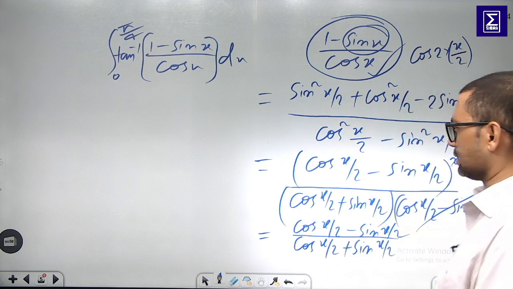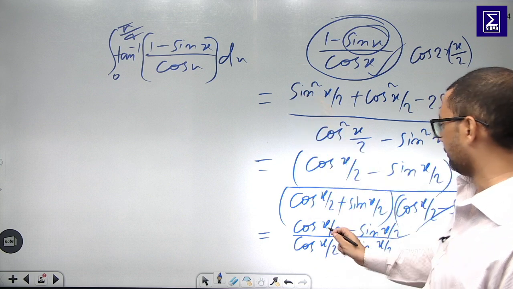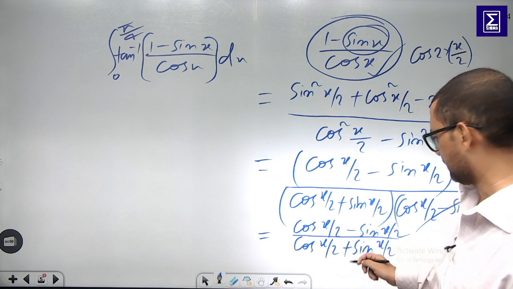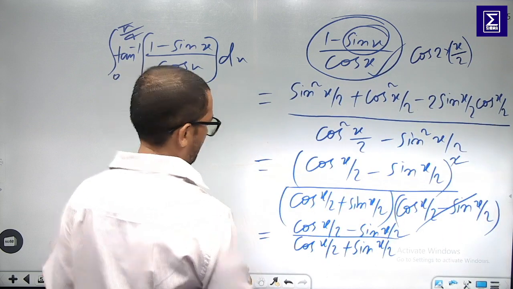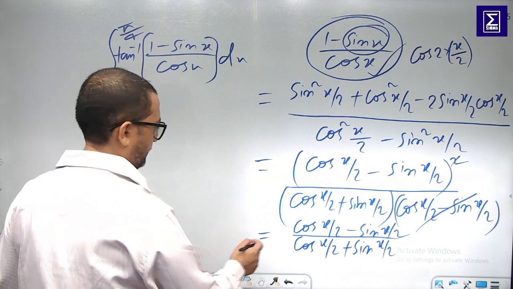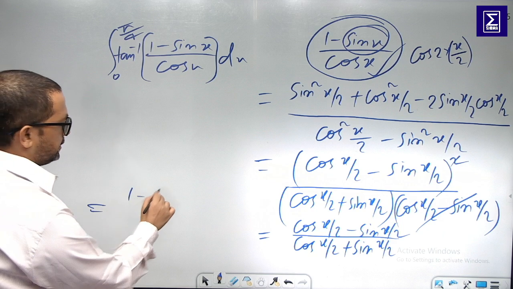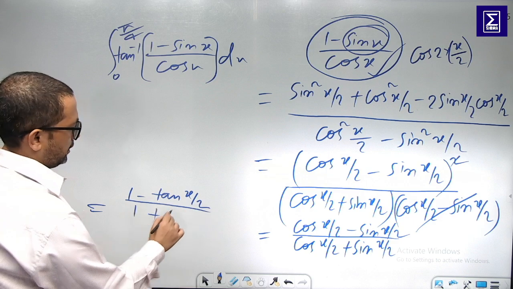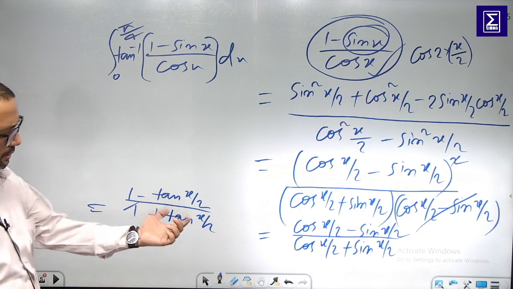Now in this question, we are very close to the tan, because if you divide both numerator and denominator by cos x over 2, the cos x over 2 will get cancelled, and you will simply get 1 minus tan x over 2 over 1 plus tan x over 2. You simply need to divide numerator and denominator by cos x over 2.